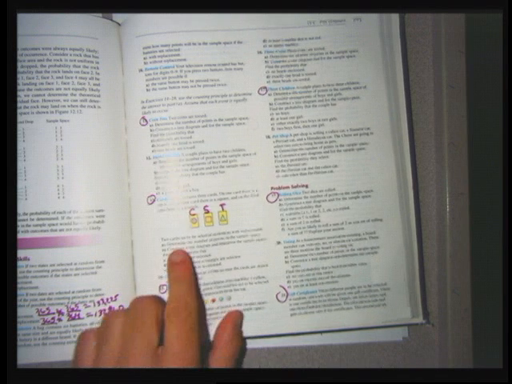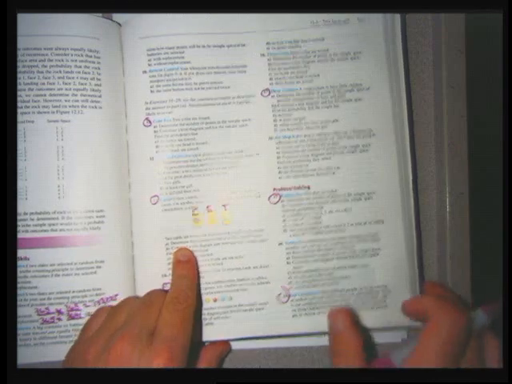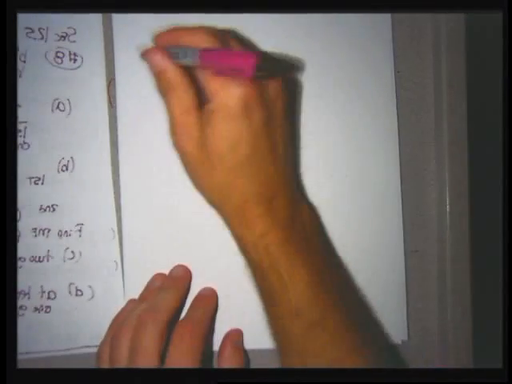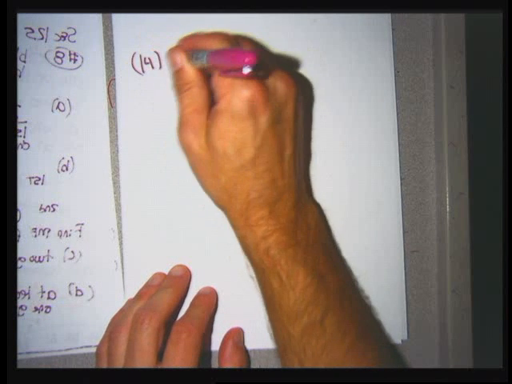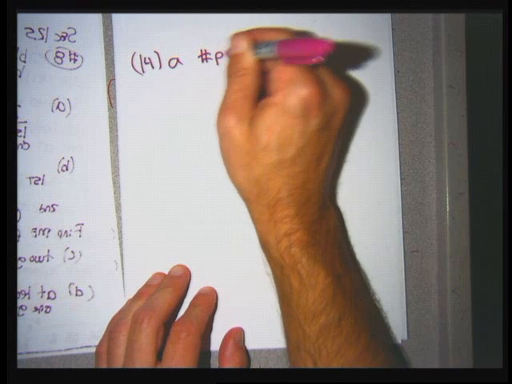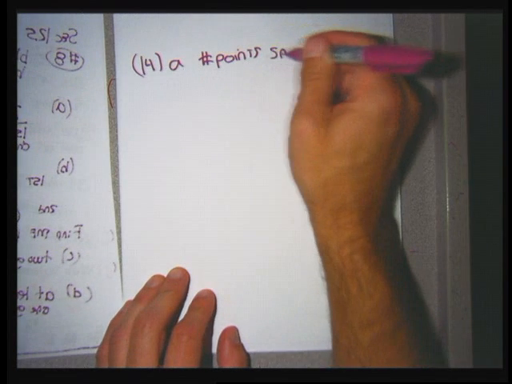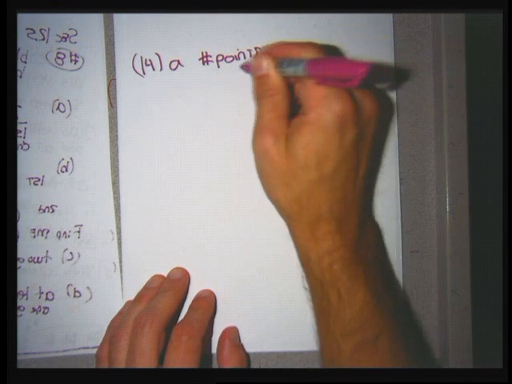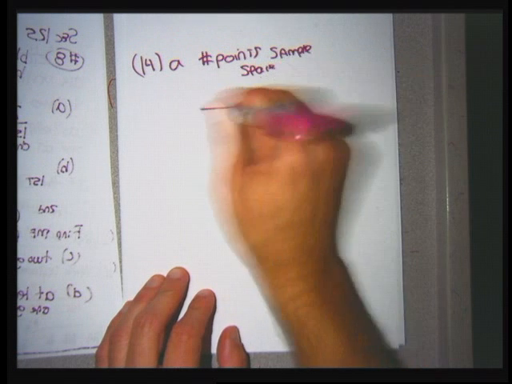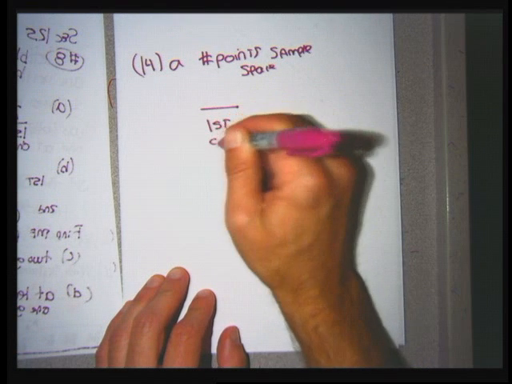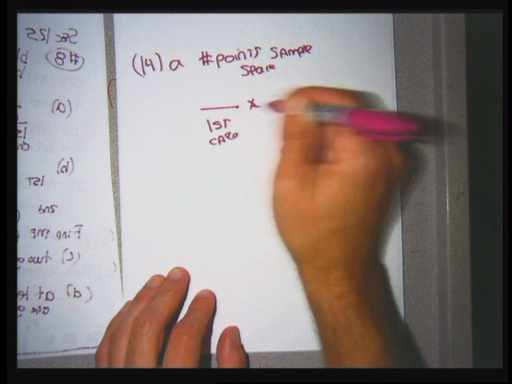So the first thing I want to do in problem 14 is determine the number of points in the sample space. So I'll do that. So for 14A, the number of points in the sample space. I'm picking 2 cards, so I'm picking my first card, then I'm picking my second card.